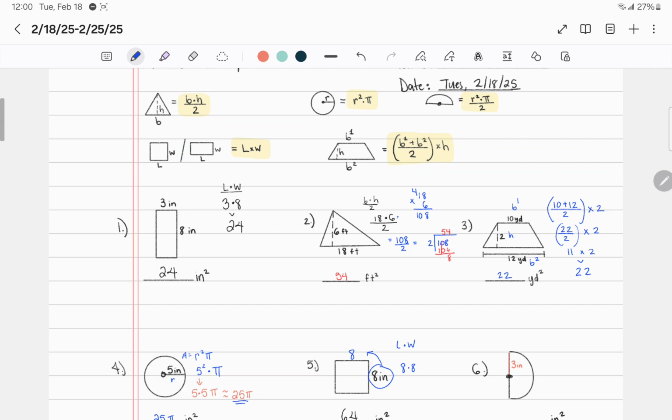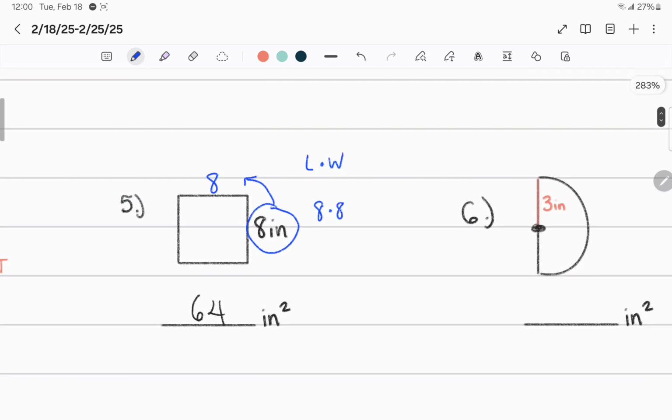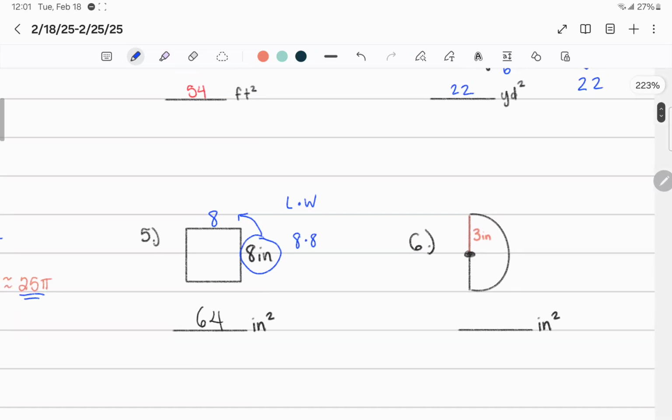So that one is just 8 times 8, which is 64. If we have another little square and this is a 2, then we would be doing 2 times 2. If this number up here is a 7, we would be doing 7 times 7. So that one is 64.